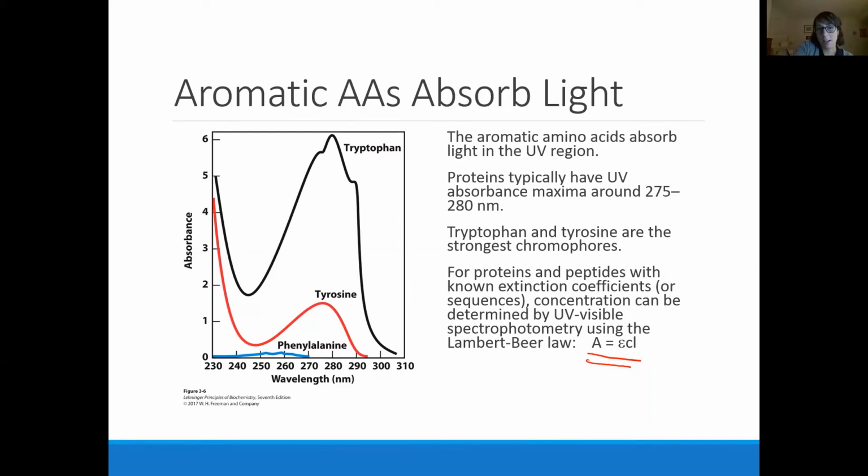And we know the L, or length of the cell that we are measuring our sample in. Using this, we can calculate how much protein concentration we have of that particular protein. So we're using some absorbance that comes from an aromatic amino acid, and we're using a standard extinction coefficient to calculate concentration.